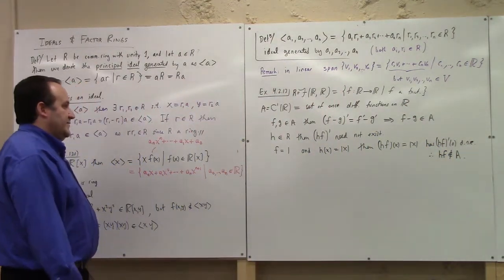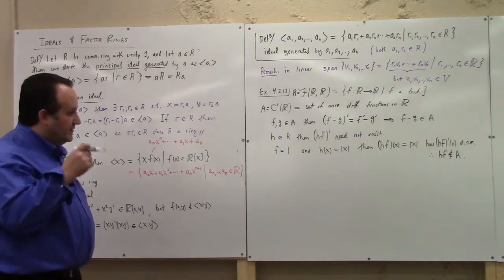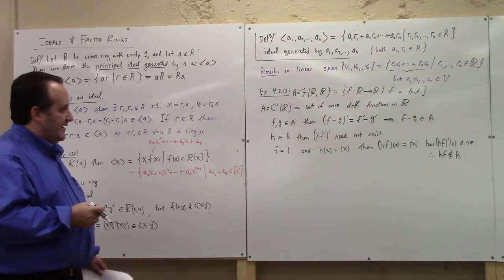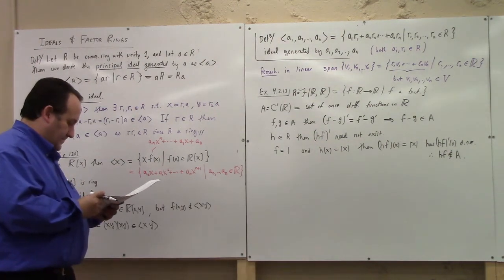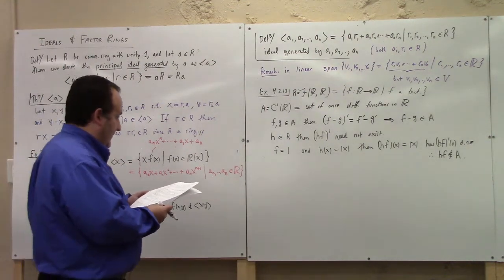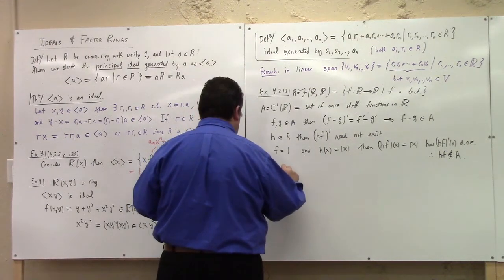So the set of differentiable functions is an example of a subring, which is nevertheless not an ideal.